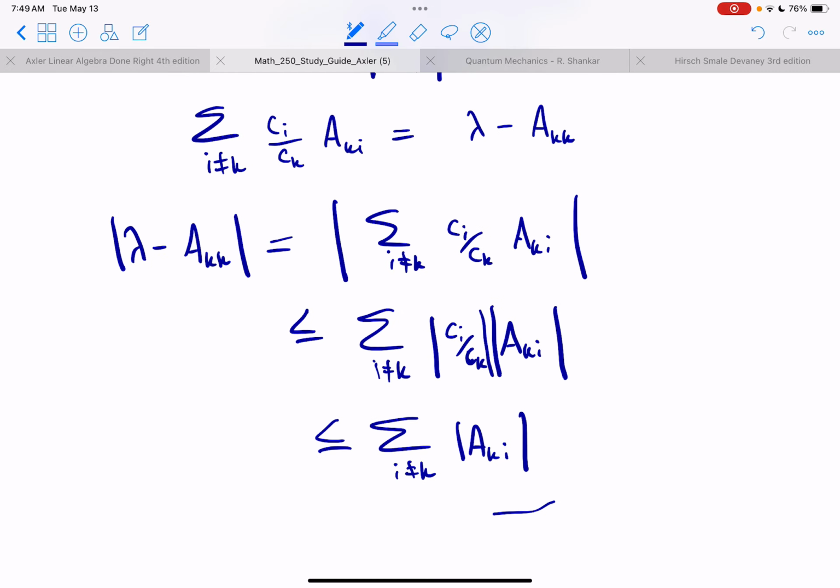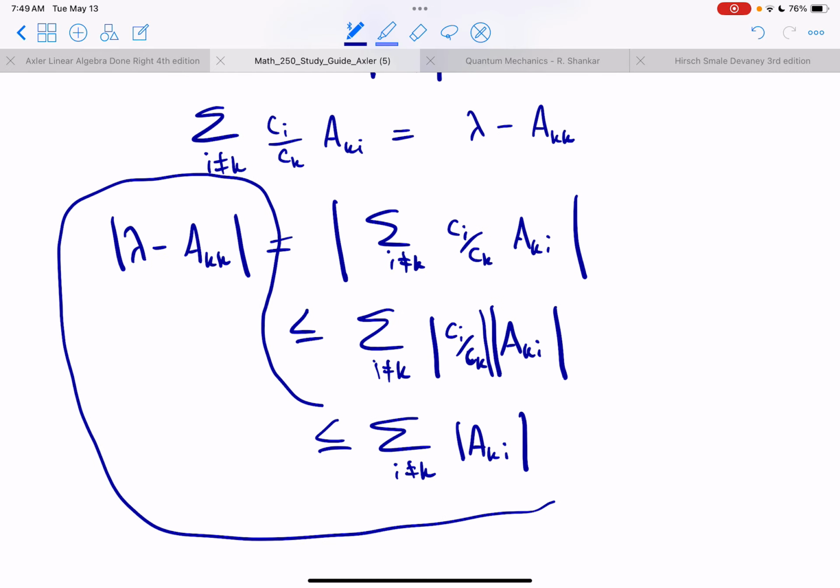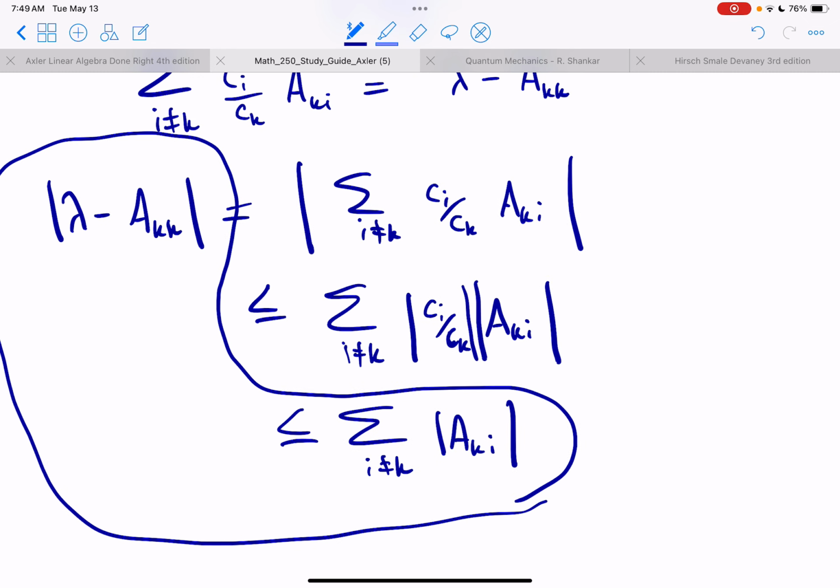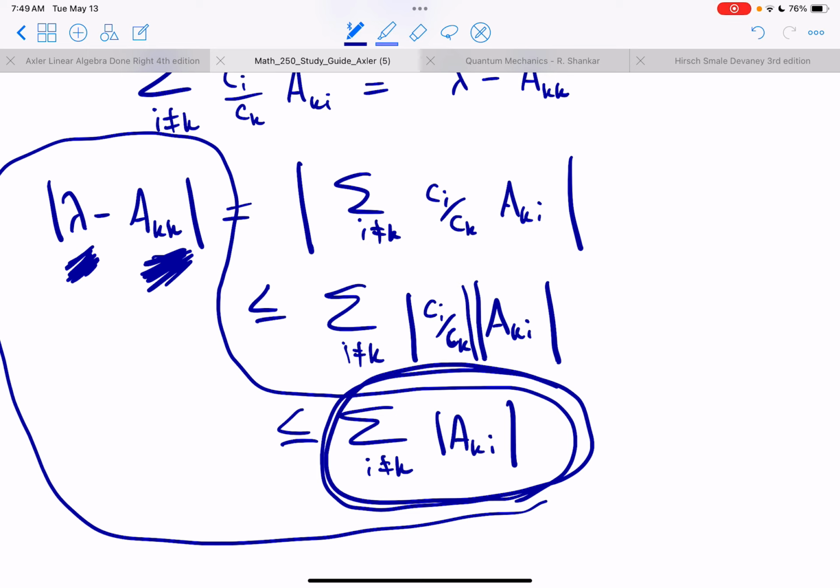And now I read this off. And what does it say? It says in the complex plane, the number lambda, its distance away from a_kk, the diagonal entry, is less than or equal to the sum of the absolute values of the other entries of the matrix in that same kth row.